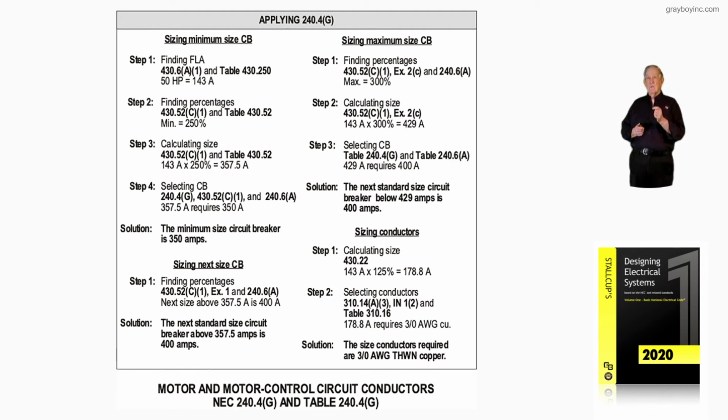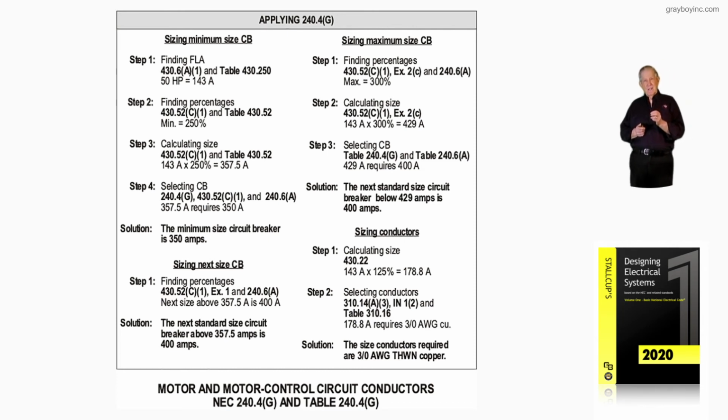But notice, sizing those conductors, then we would use 430.22. 125% of 143 is 178.8. And when we review 310.14(A)(3), informational note 1.1, which is item 2, as we call it, and select the conductor from Table 310.16, from the 75-degree column, the 178.8 amps would be 3/0.